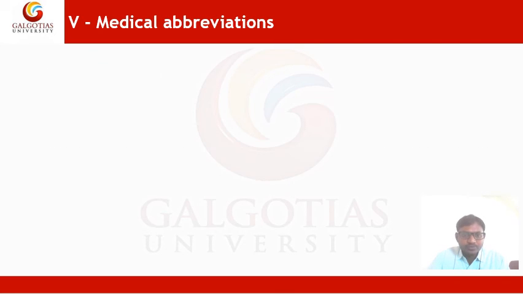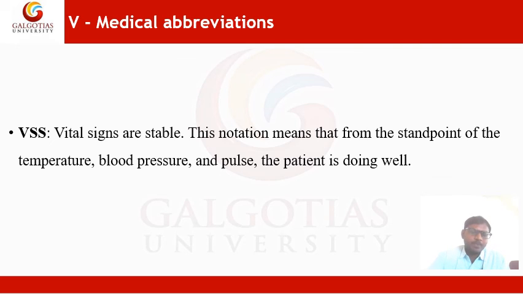Next, medical abbreviations related to V. VSS, vital signs are stable. This notation means that from the standpoint of temperature, blood pressure, and pulse, the patient is doing well. Vital signs are normal.